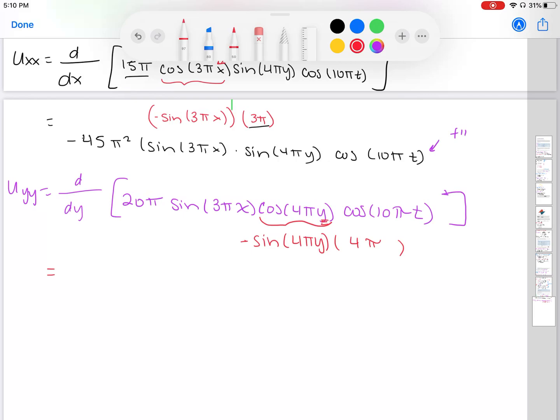Okay, so our double derivative would be 20 times 4 times our negative gives us negative 80. Negative 80 pi squared of sine of 3 pi x times cosine of 4 pi y times cosine of 10 pi t. Okay, we found that second derivative.